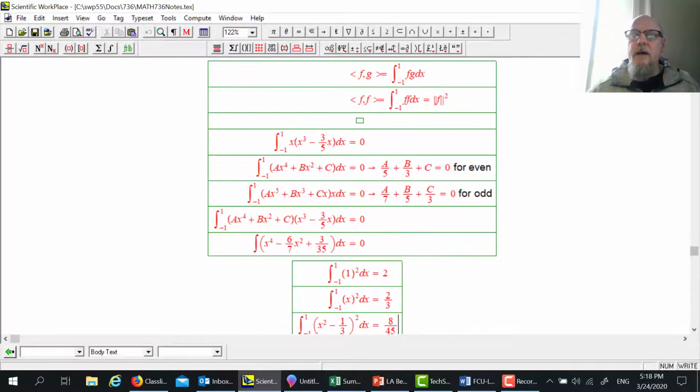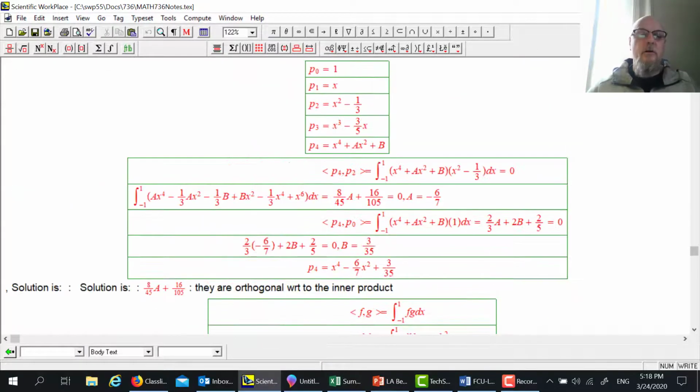So now I have these. Okay, let's just collect ourselves here. We have polynomials, 4 of them. They're all perpendicular to each other. If I wanted the 5th one, that would be x to the 5th plus some number x cubed plus some number x, right?